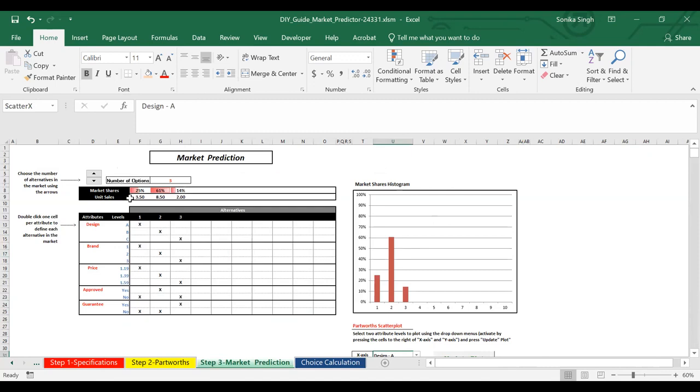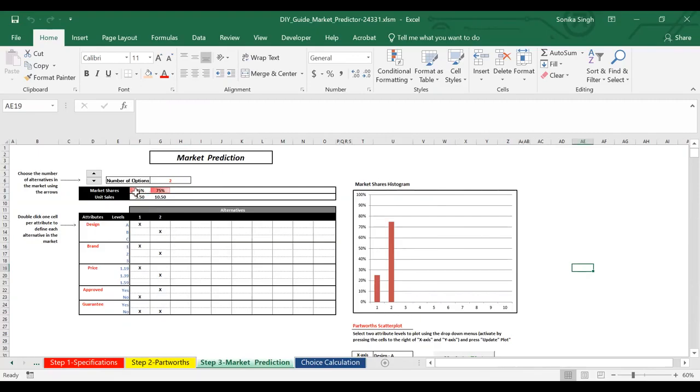So there are 3 options. It has calculated the market share of 25%, 61%, and 14%, and the unit sales, all these numbers have been fed in here individually. Based on this, you can see a market shares histogram. If I reduce the number of options, let's say to 2, then the market share histogram will update by itself.